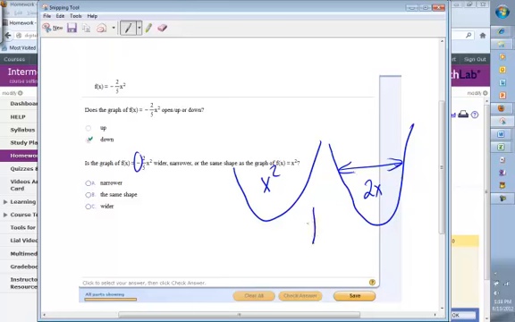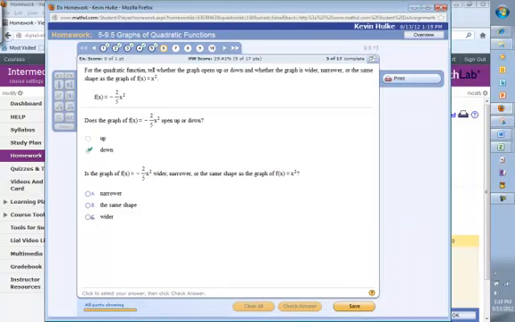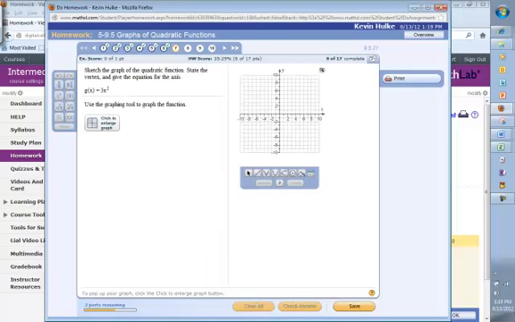If it's 1/2 x squared, then it's wider than usual. I like to think of this one as happening twice as fast, and this one happening half as fast. So in this case, it's happening 2/5 as fast, which is smaller than 1, so it's going to be wider than the usual shape.